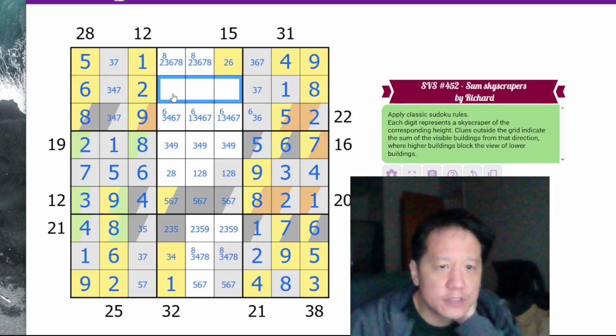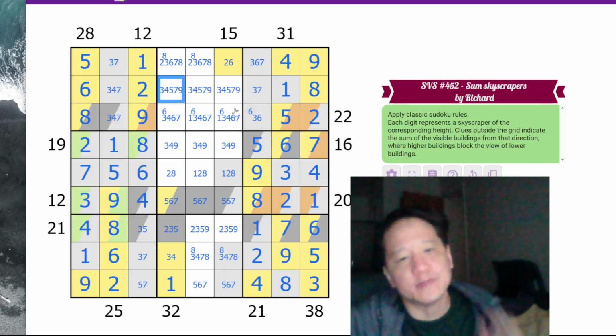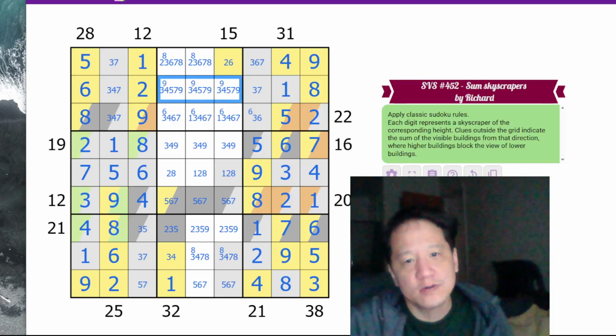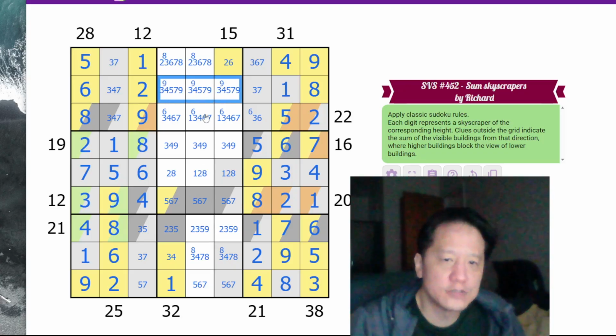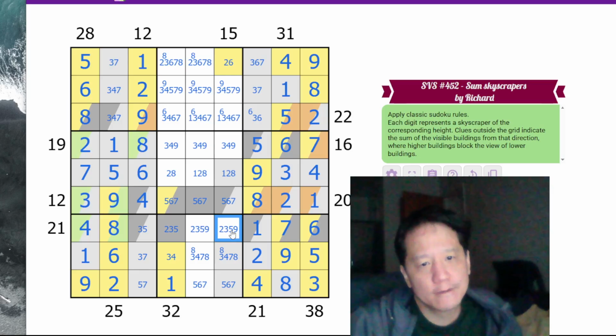Remaining digits of row 2. We have 3, 4, 5, 7, 9. And 9 has to be one of these 3 digits here. That's interesting. Could be 6, 9. Could be 2, 4. Can 9 actually ever be here?